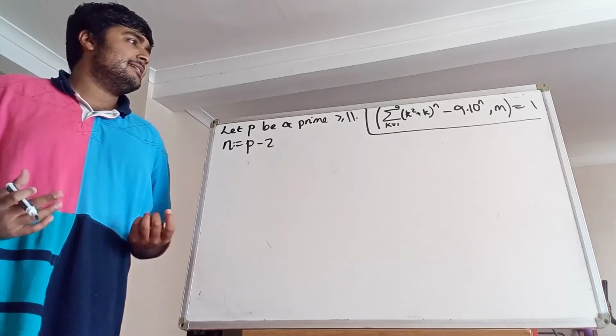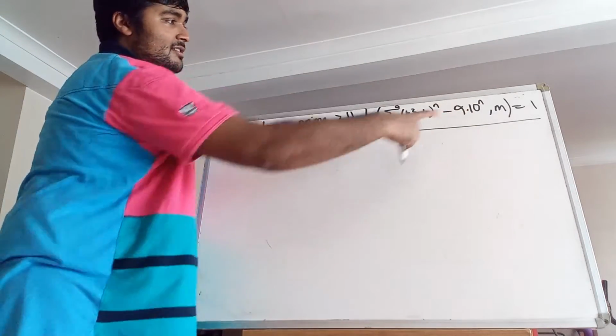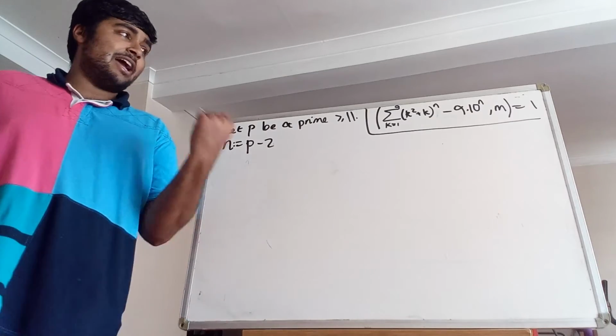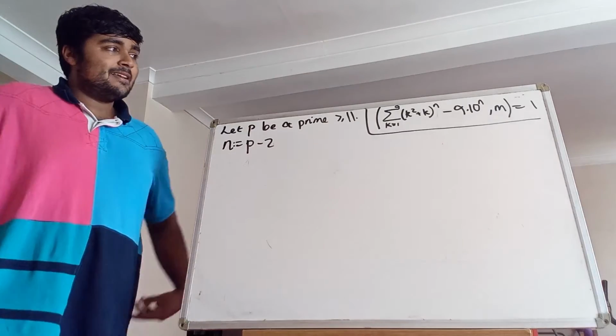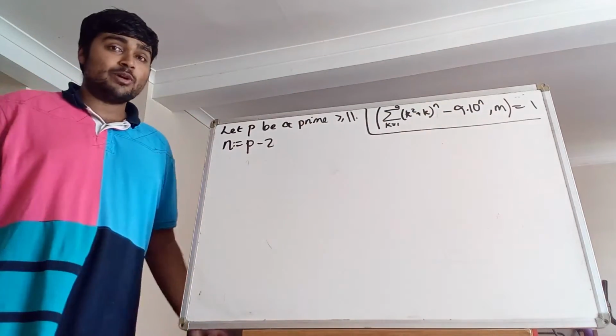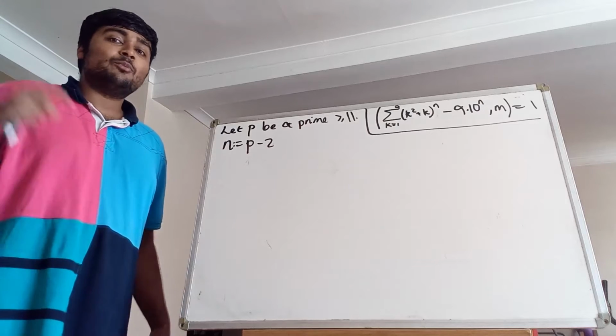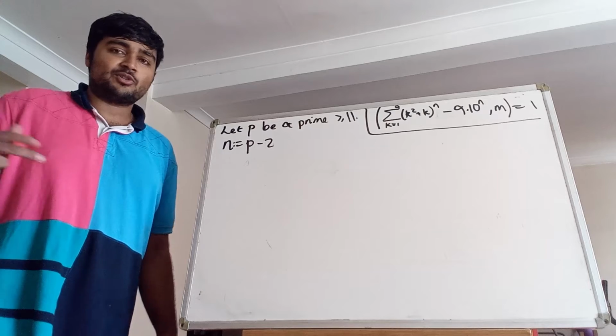And then what will that tell us? Well, if we have a value of m and we want the greatest common divisor between m and this expression to always be 1, regardless of what n is, then we'll need m to have prime divisors which don't include any primes which are at least 11.